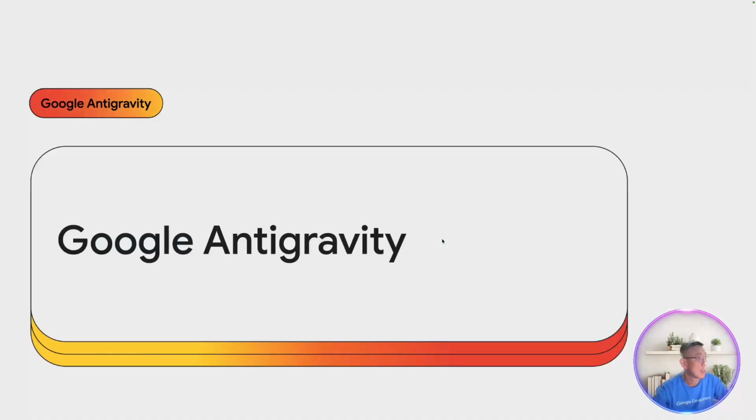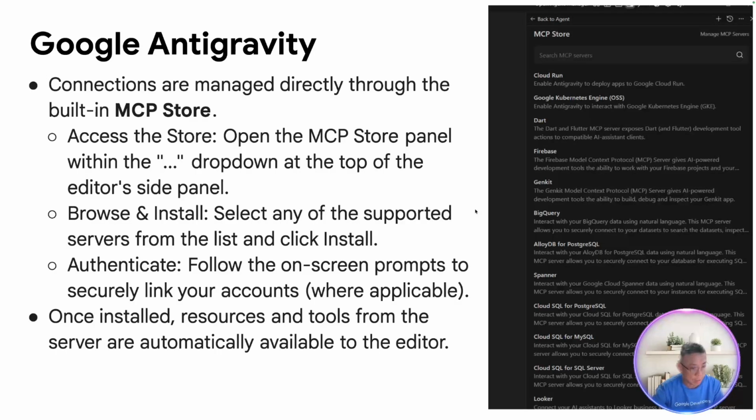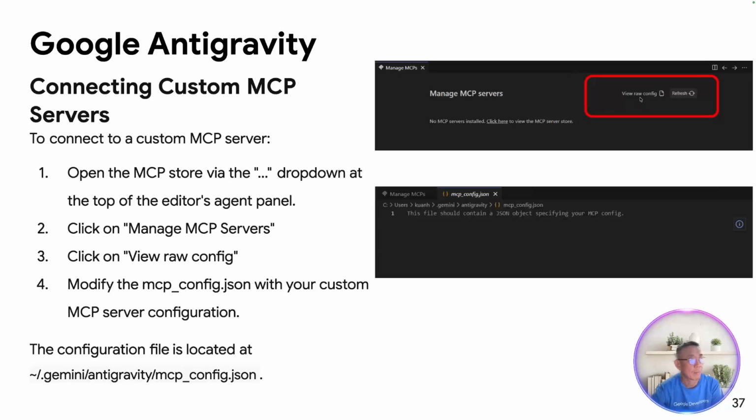Okay, so I will just show how you add this in Google Integrity if you're using it. In Google Integrity, you go to the MCP store and select Manage MCP Server. When you select it, you come to something like this.